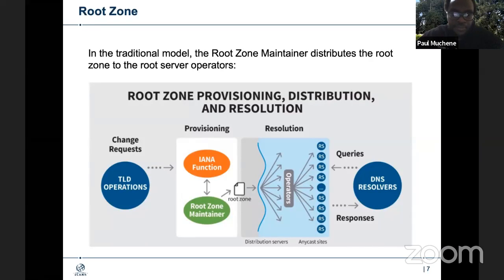Once they receive that copy, they distribute it to their infrastructure, which are the root servers, and the root servers are then able to answer all the queries from different resolvers that manage queries from end users across the world. That's basically the process by which changes to the root zone are made and distributed to the root servers.